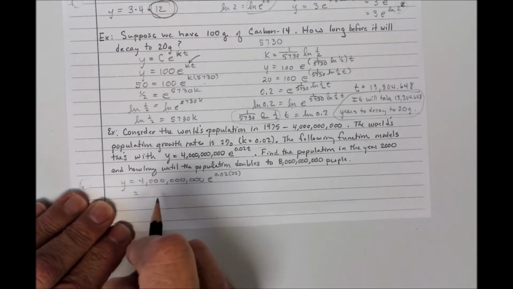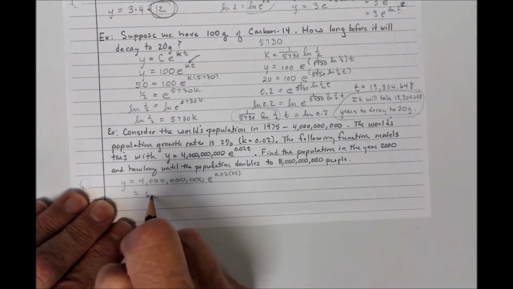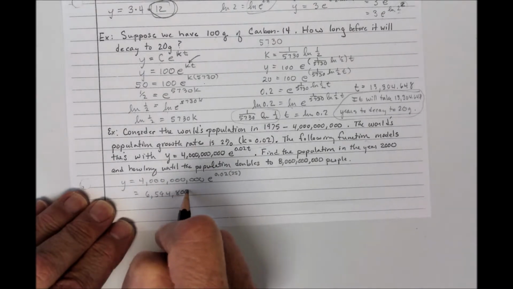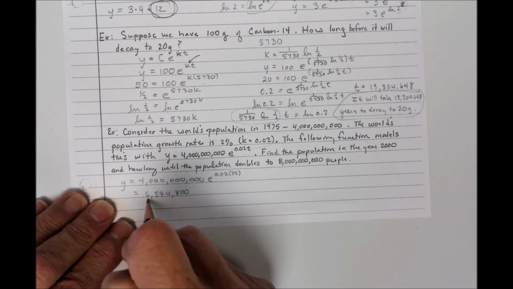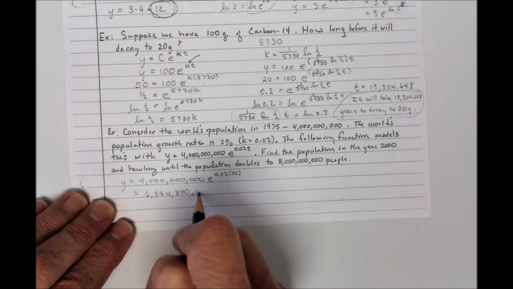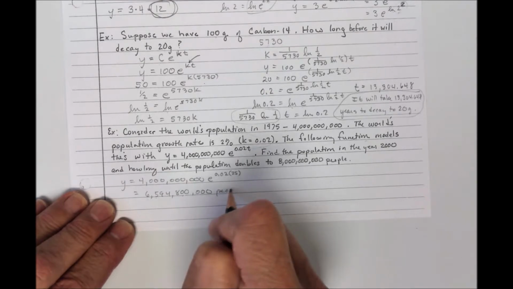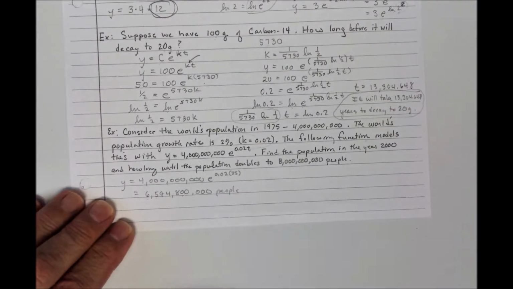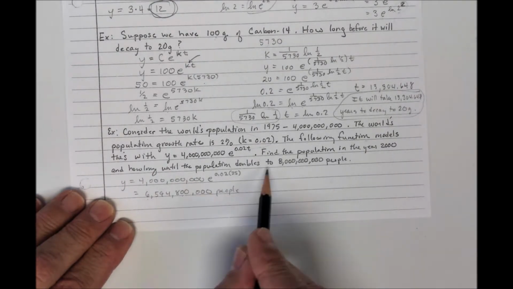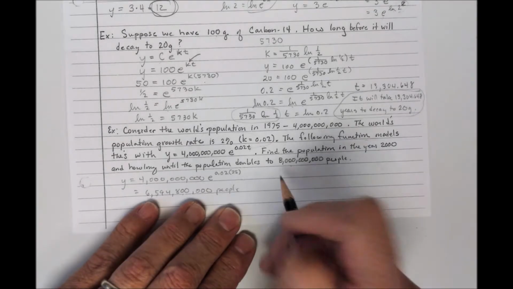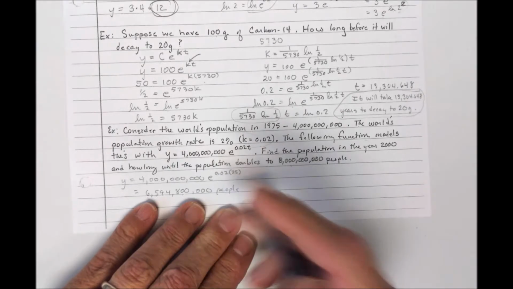I get this to be 6,594,800,000 people. Now, definitely rounded here. Okay. So then it says how long until the population doubles to 8 billion. So now I'm going to plug the 8 billion in for y.